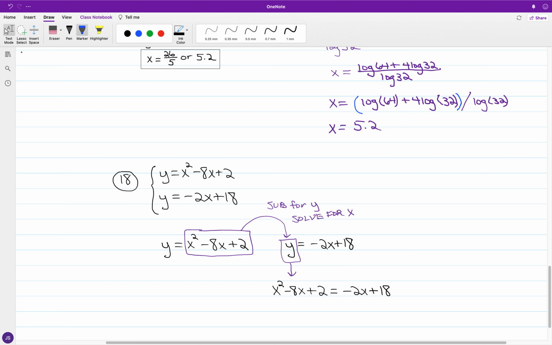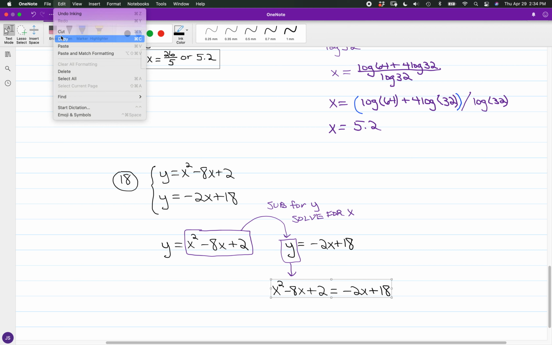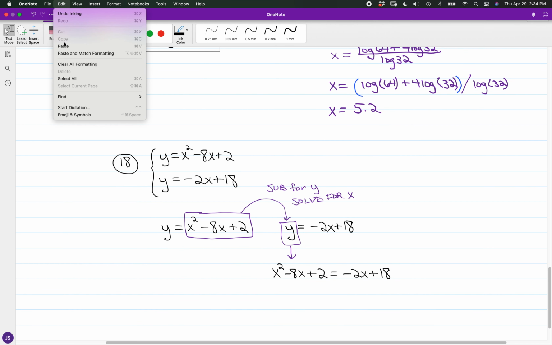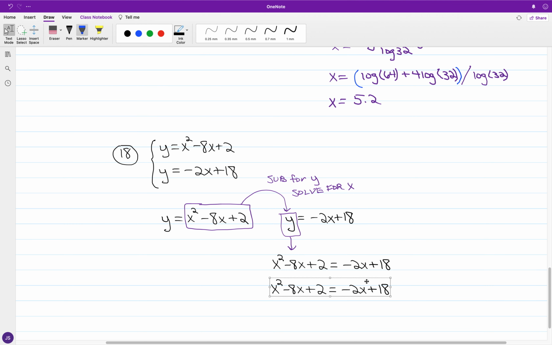Okay, so I have a quadratic equation, okay, and it is not yet in standard form. So if I set the equation to 0, so I have the highest order term at x squared, which is on the left, and I can just move the 2x as well as the 18 by adding 2x and subtracting 18.